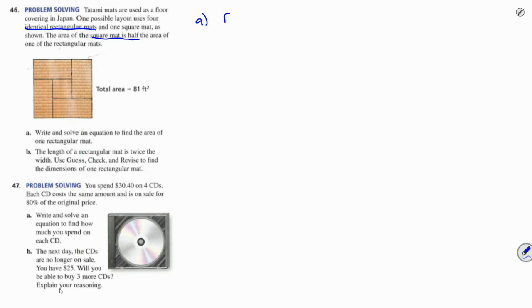So I'm going to use R equals 1 rectangle mat. It's interesting because now you've got to use nothing but the diagram to set up an equation. And what I see is one rectangular mat, two rectangular mats, three rectangular mats, four rectangular mats. And I see a little half one in here because a square mat is half.